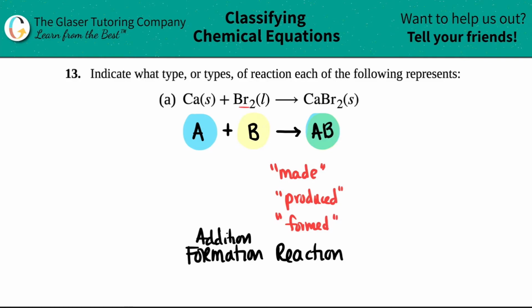Bromine, I don't see a charge anywhere. Elements that are by themselves have charges of 0. Once you put an element in a compound, they automatically have charges.